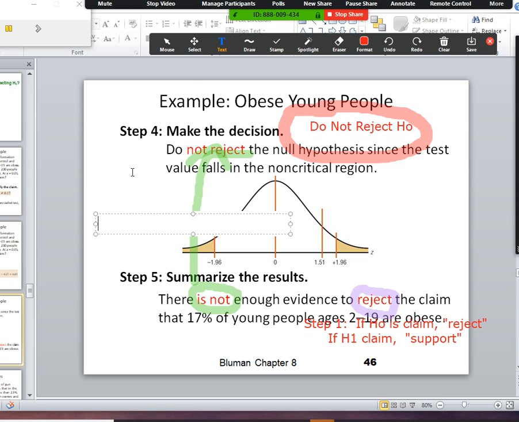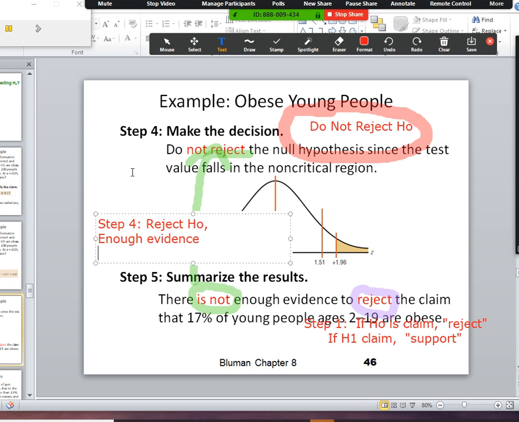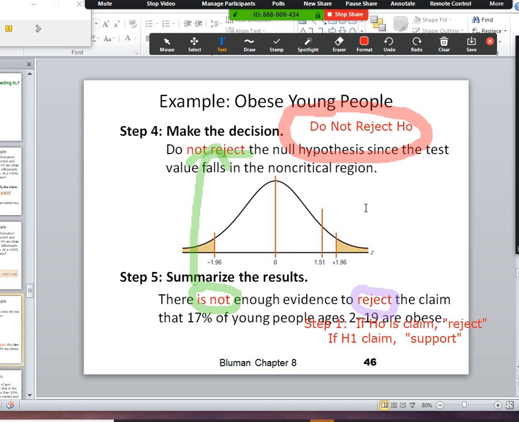So step 4, reject H naught, then you have enough evidence. Don't reject, not enough. So that's where that part comes in.